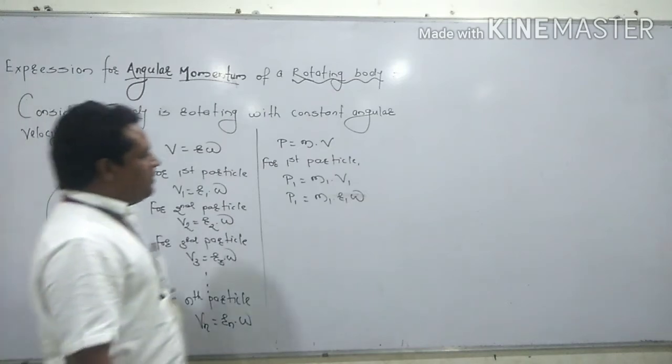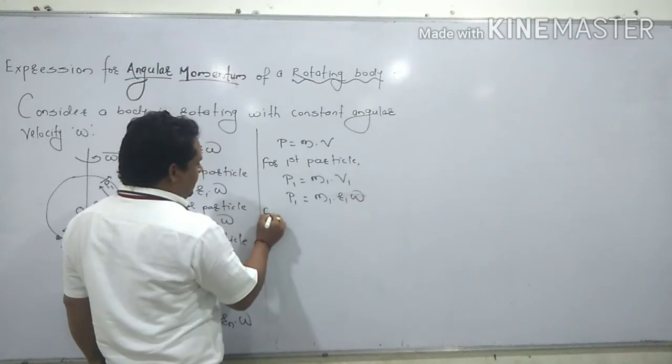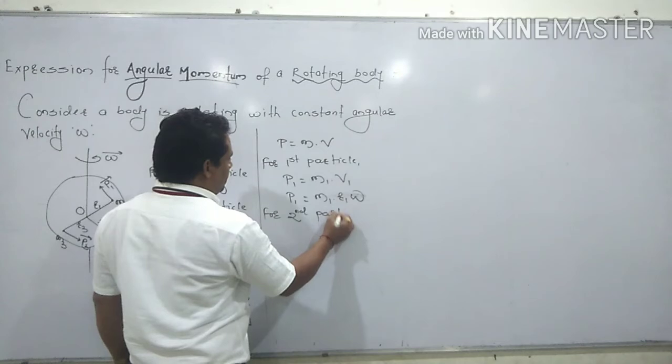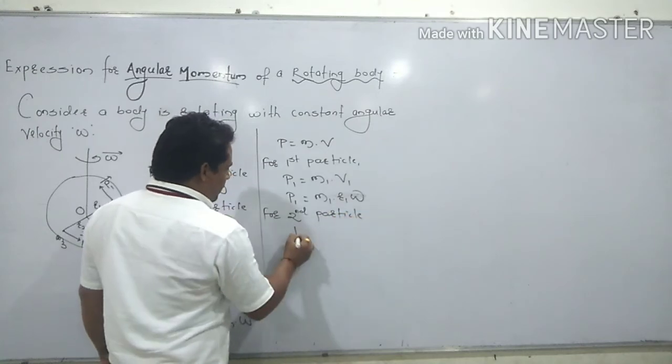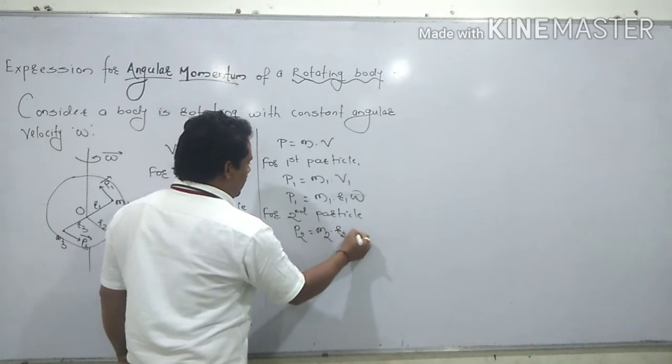So the formula becomes P1 is equal to m1 R1 omega. For the second particle, we can write P2 is equal to m2 R2 omega.